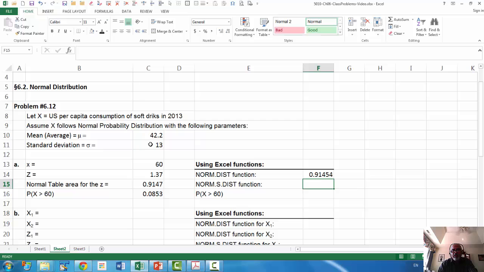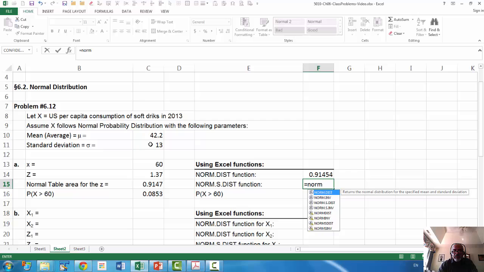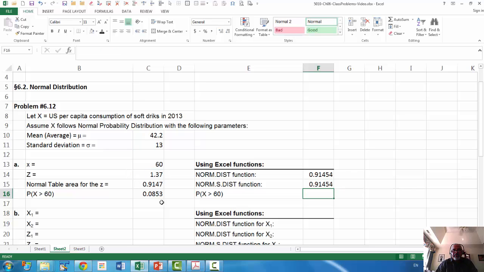Now if you wanted to use the norm.s function, you go norm.s.dist, and we have to now give z. We have already computed z here. So comma 1. Again, the same answer. But this is the cumulative probability, so we need to do 1 minus that. That will give us the probability that a random person selected will have more than 60 gallons per year of soft drinks.